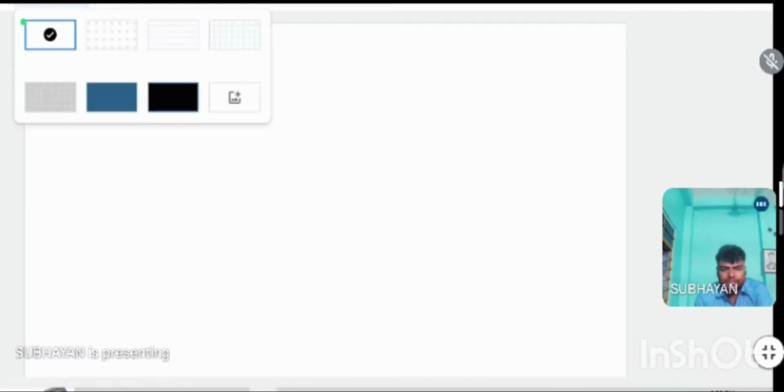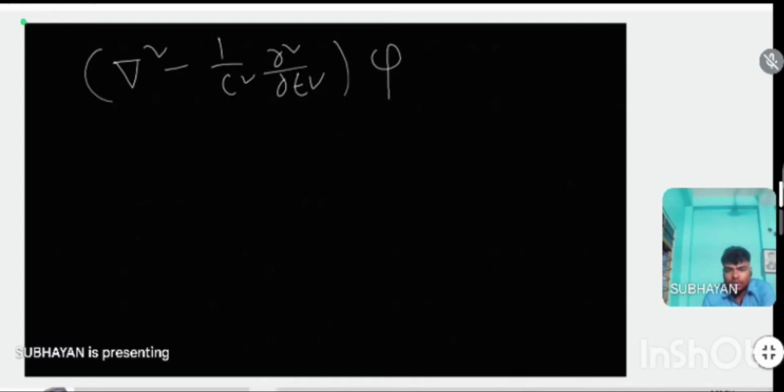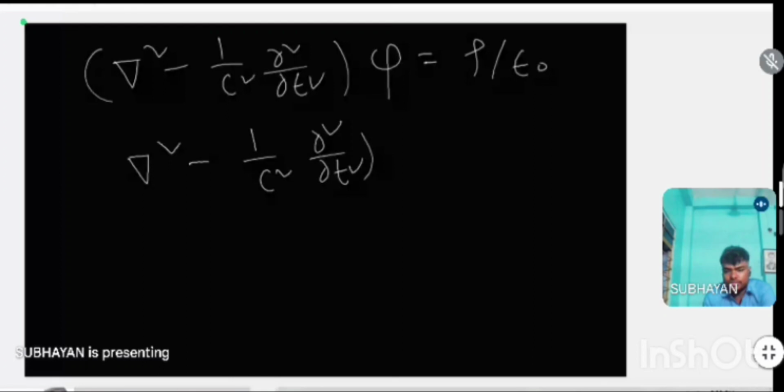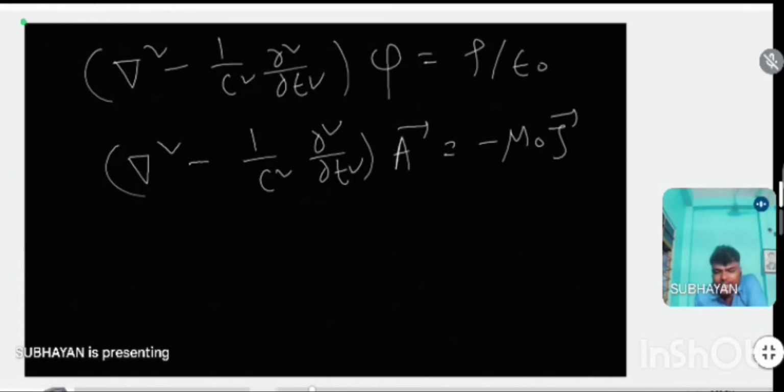Okay, so that means you have grad square minus 1 by c square del 2 by del t2 of phi equals to rho by epsilon naught, and grad square minus 1 by c square del 2 by del t2 of A equals to minus mu naught J. So these two are the governing equations from Maxwell equations, and this has to be solved.